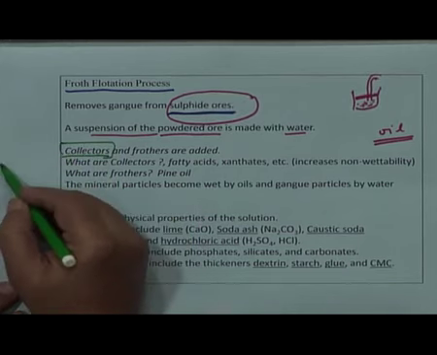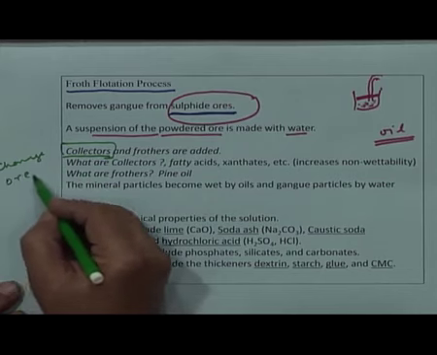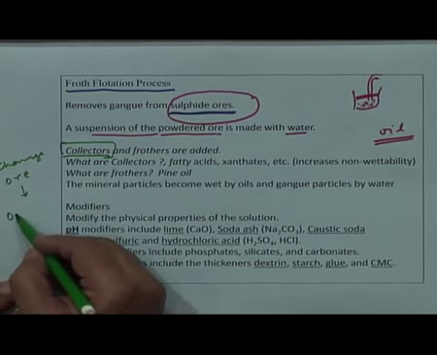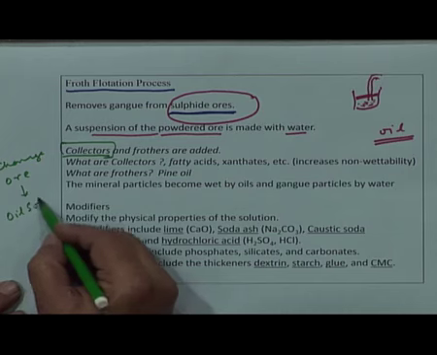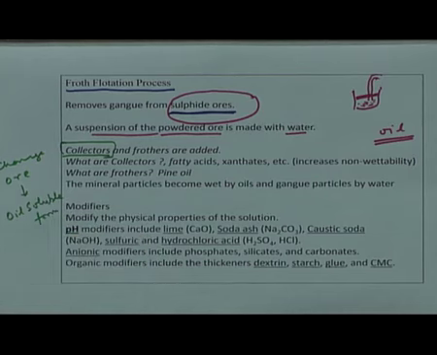These collectors change ore to a more oil soluble form. They are called collectors. They may be fatty acids, they may be xanthates.